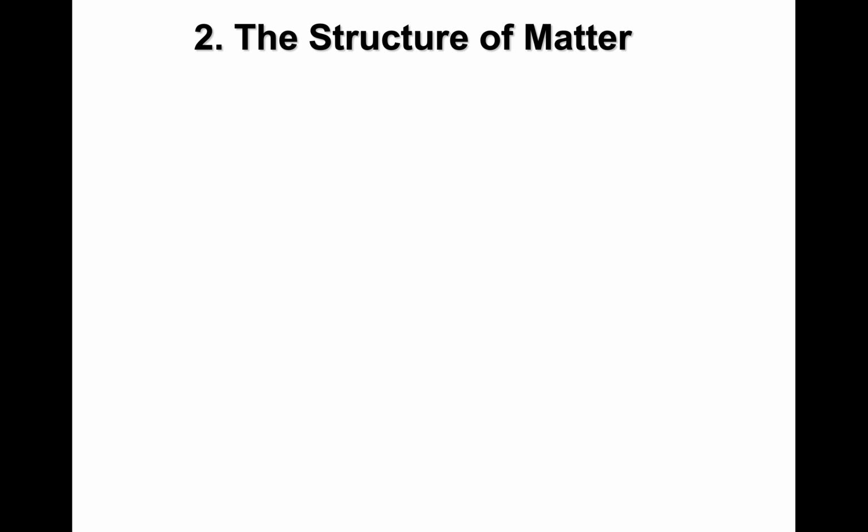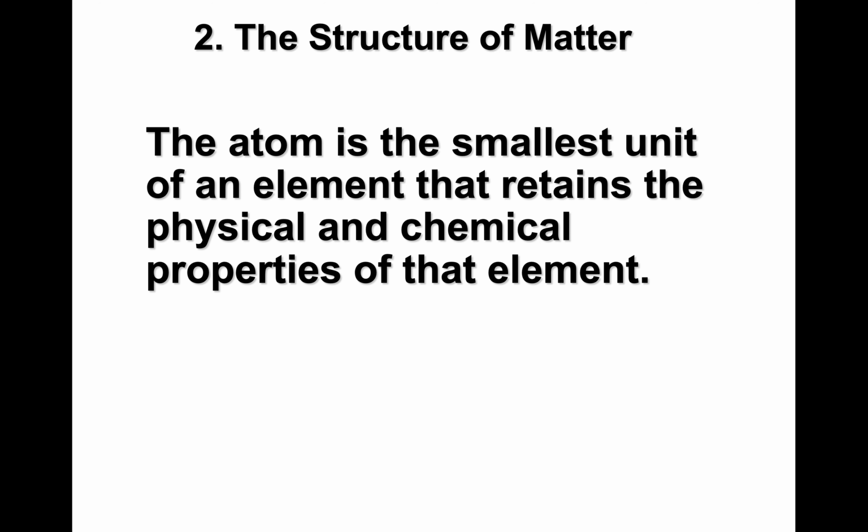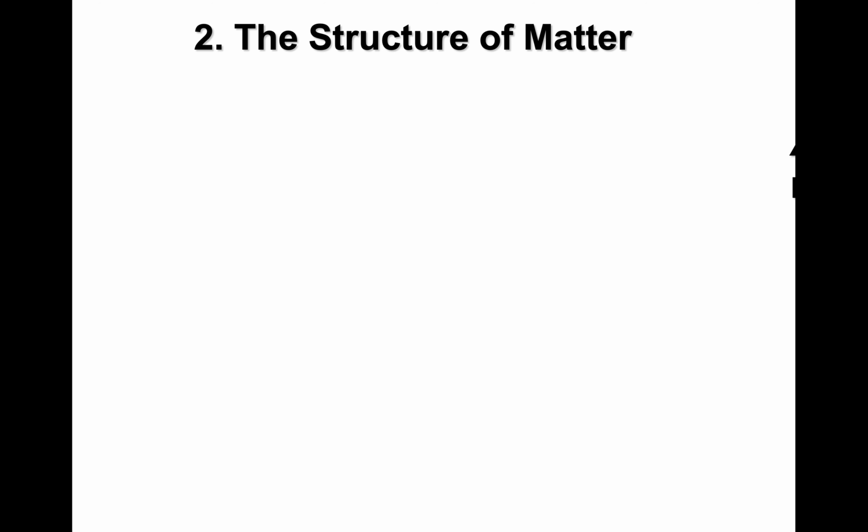So now we are coming to point number 2, the structure of matter. As everybody knows, the atom is the smallest unit of an element that retains the physical and chemical properties of that element.